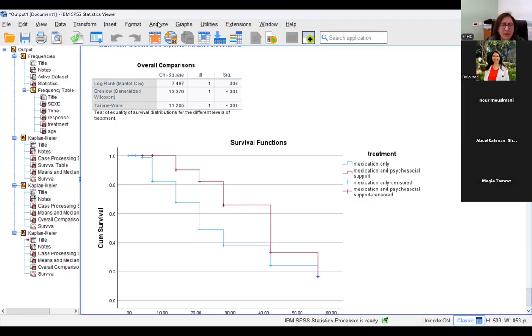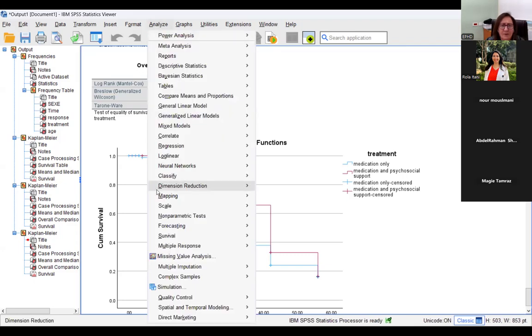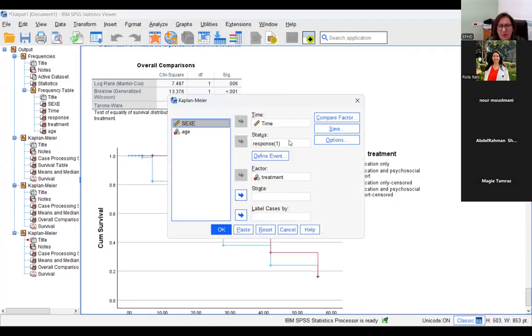So let me first do another analysis. I want to analyze survival and do a Kaplan-Meier, changing the factor from treatment to sex.